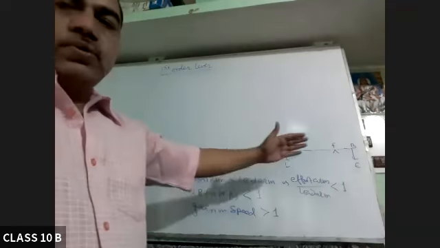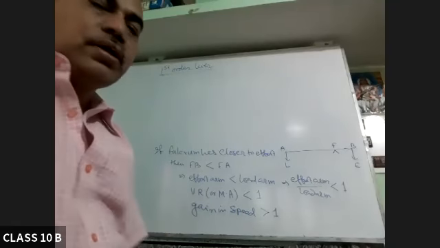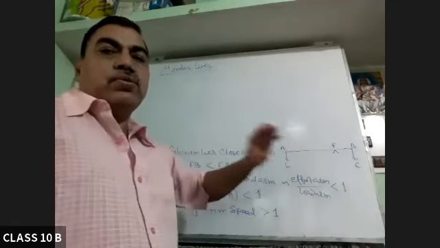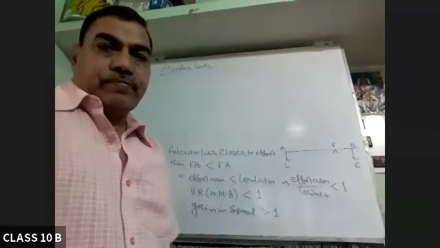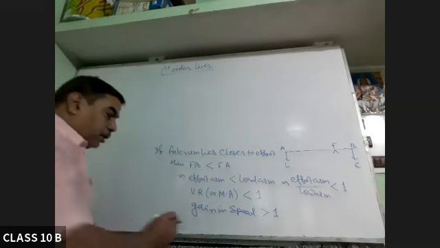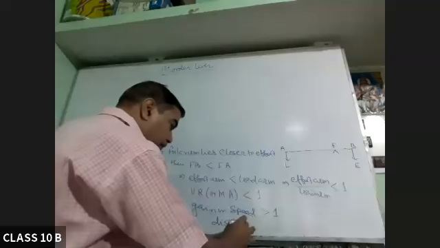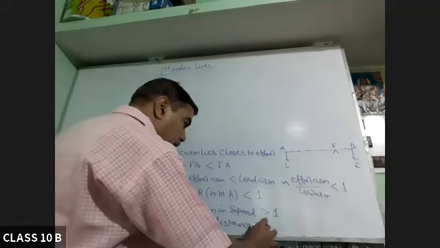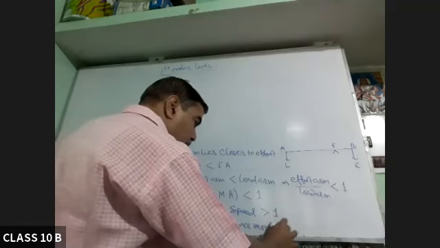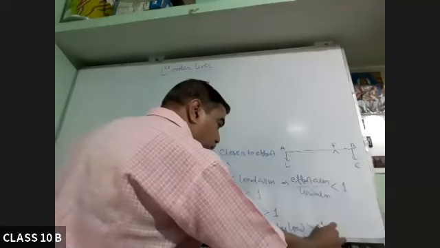So in this situation, when mechanical advantage and velocity ratio are less than 1, this particular case is used to multiply speed. What is the meaning of multiplying speed? It means the distance moved by load will be more than the distance moved by effort.